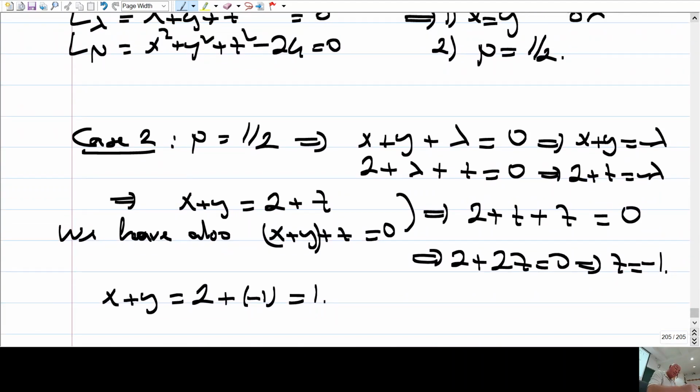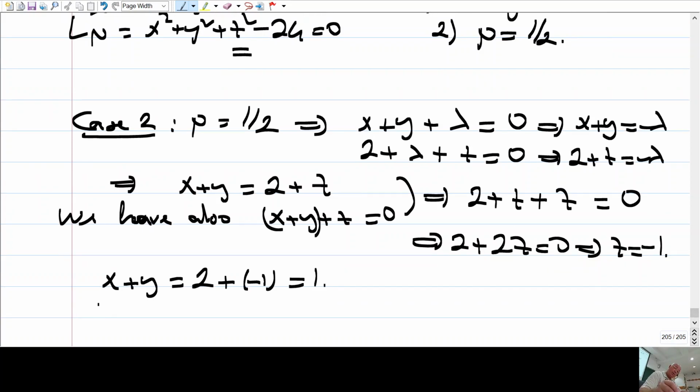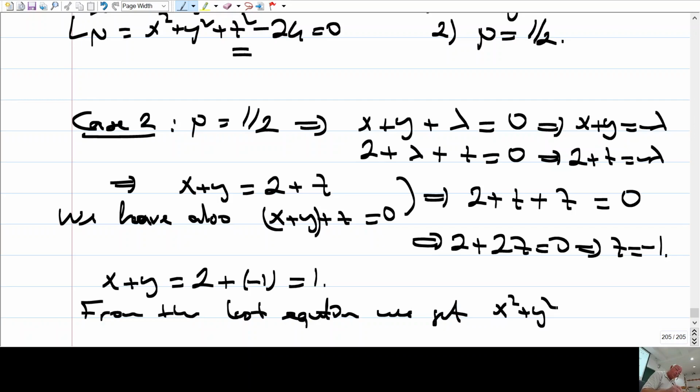Z is minus 1, right? Z is minus 1. If I write it here, I will get 1. So from the last equation, we get x squared plus y squared is equal to, z is minus 1, so z squared is plus 1.